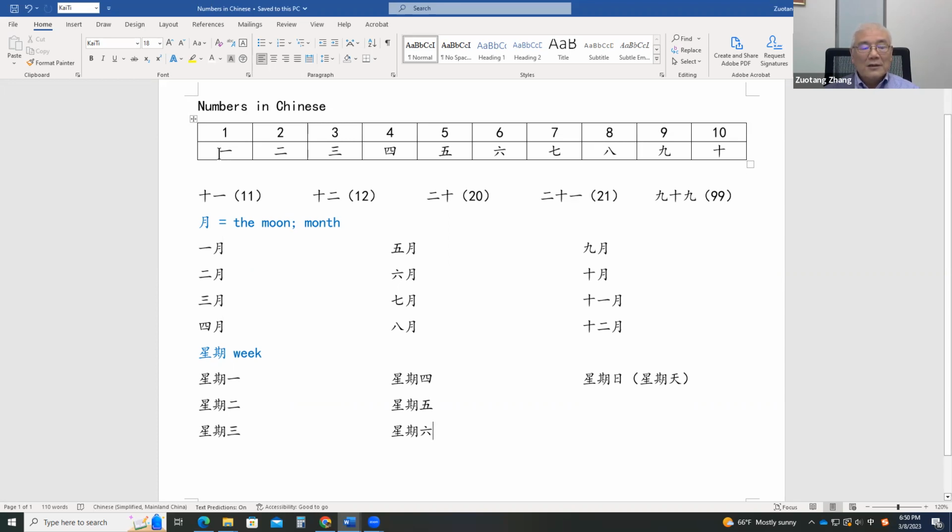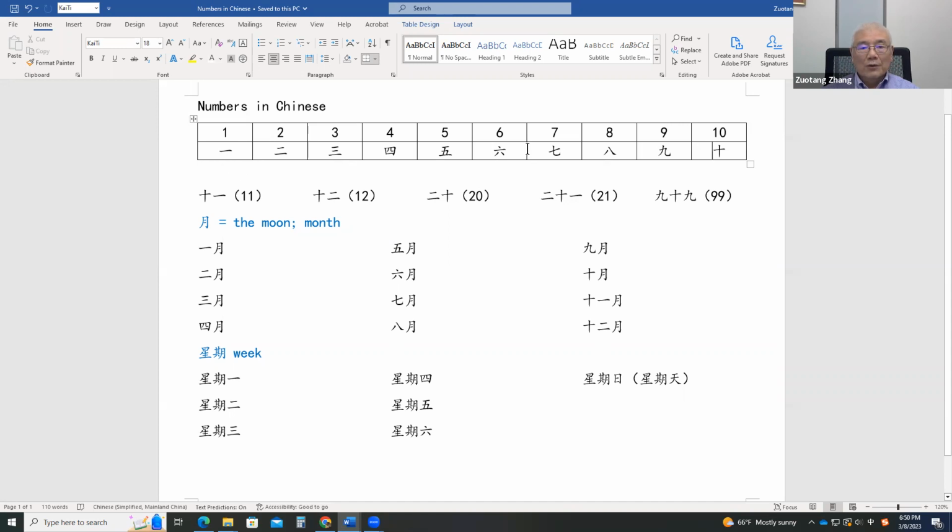So this is 一 in Chinese, and 二, 三, 四, 五, 六, 七, 八, 九, 十. Let's do it one more time. 一, 二, 三, 四, 五, 六, 七, 八, 九, 十.